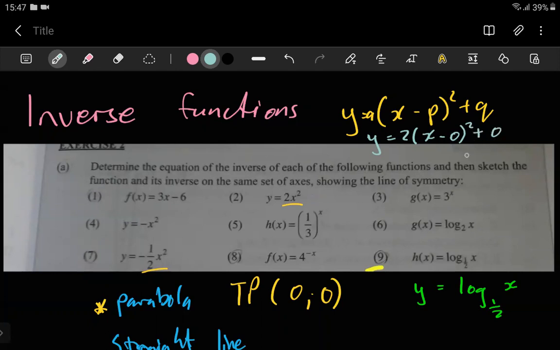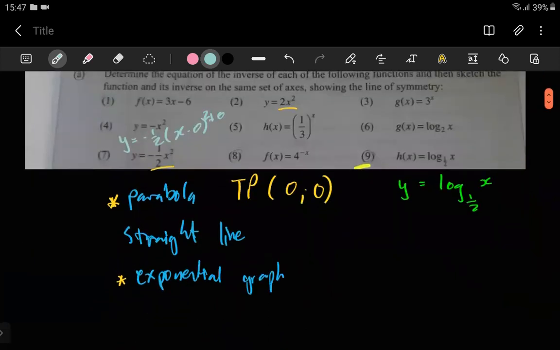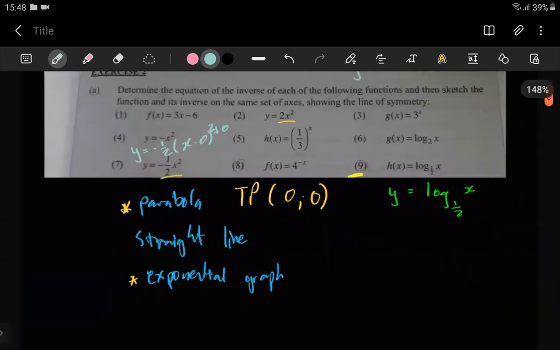So the turning point is 0, 0. Same with this one down there: y equals negative a half x minus 0 squared plus 0. The turning point is just 0, 0. So that's one thing you can lean on forever, and it means parabolas are easy to work with.